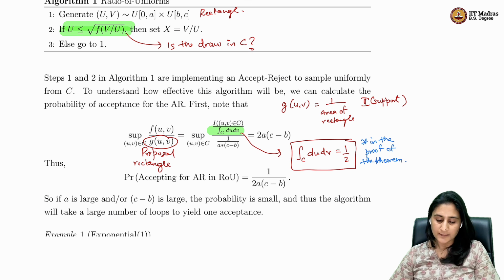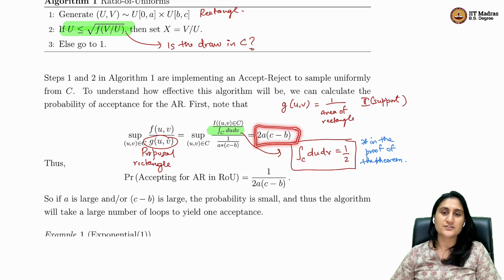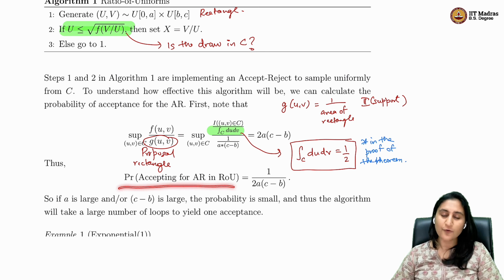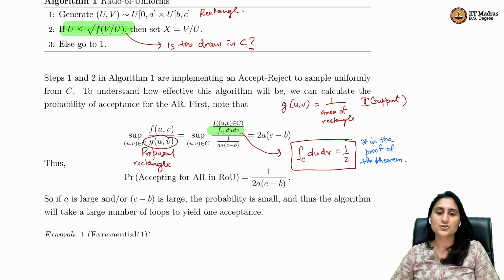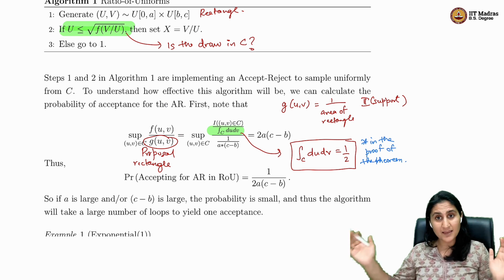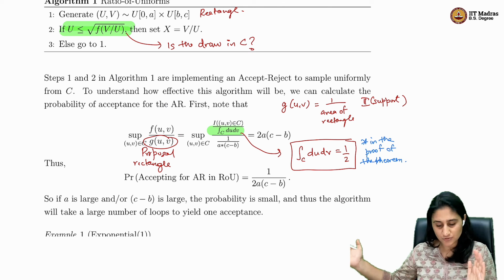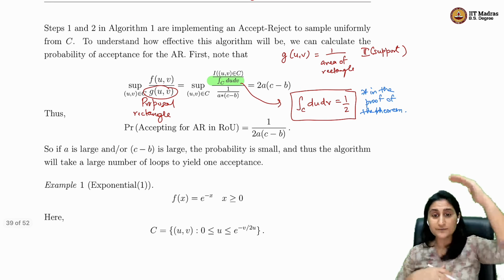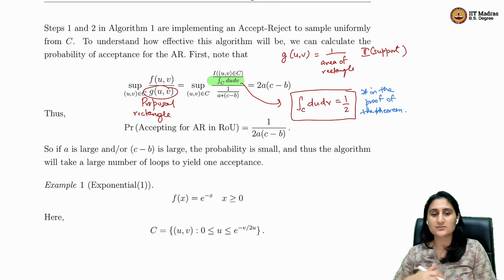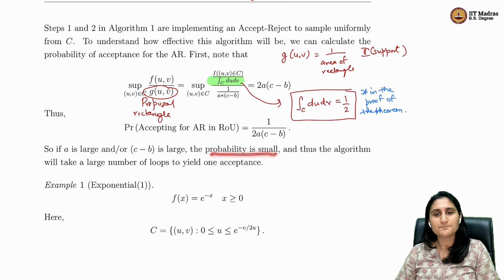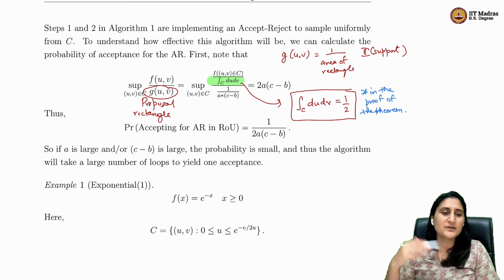So finally I get the efficiency, which means according to accept reject that the probability of acceptance of the accept reject algorithm inside the ratio of uniforms is 1 over 2A times C minus B. So if the box is large, which means either A is large, or C minus B, the difference on the V axis, is too large, then the probability is going to be small, and thus the algorithm will take a large number of loops to give one acceptance.